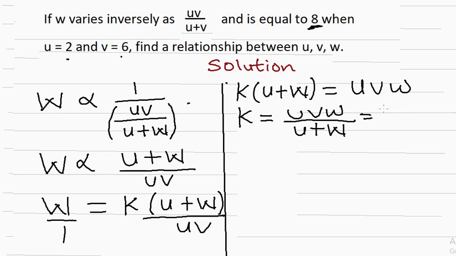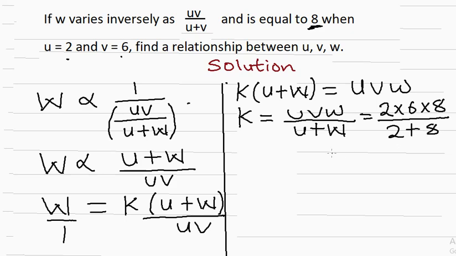So U is equal to 2, V is equal to 6, and W is equal to 8. Then, of course, divided by U plus W, which is 8.